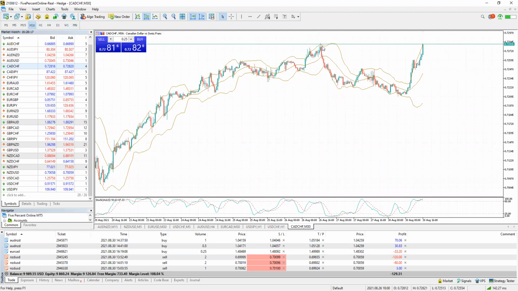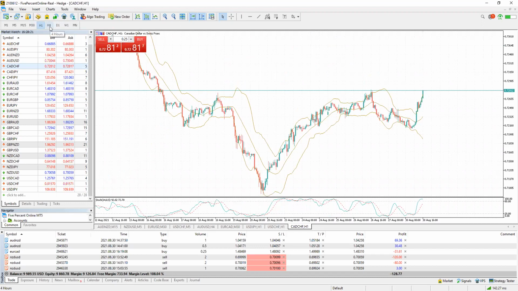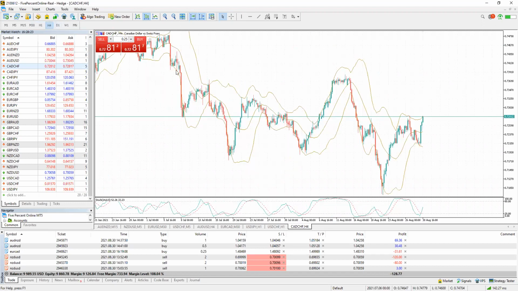The market is going to make a new high very soon. I believe the next zone here will be at that zone. So for the moment, just wait. The key level here is here for a sell.